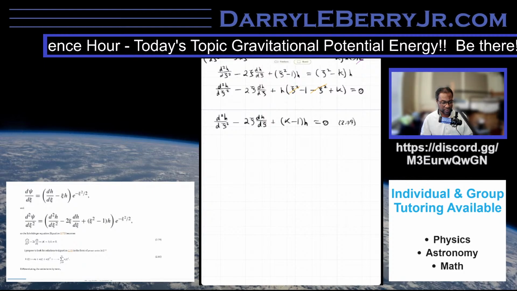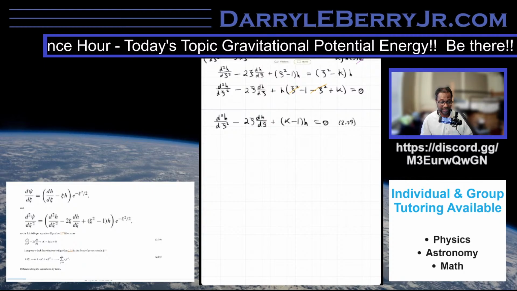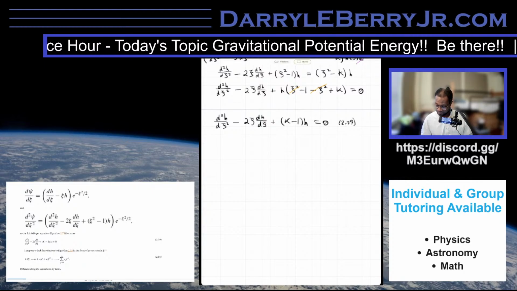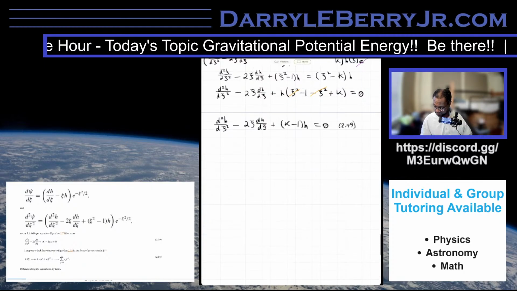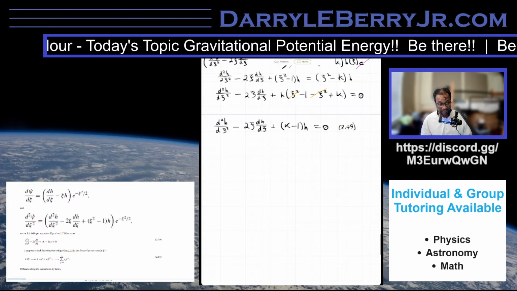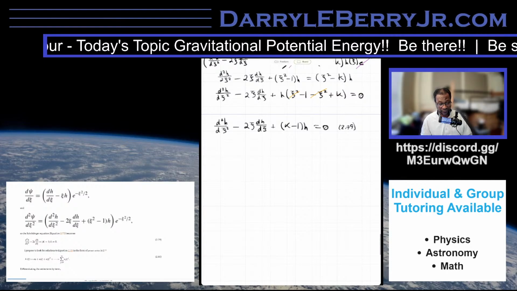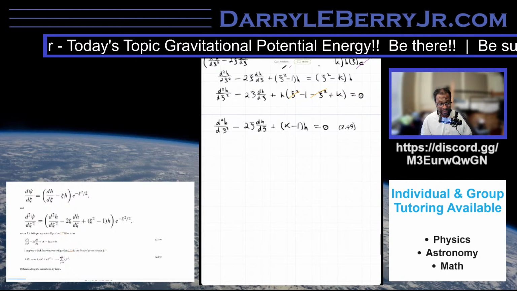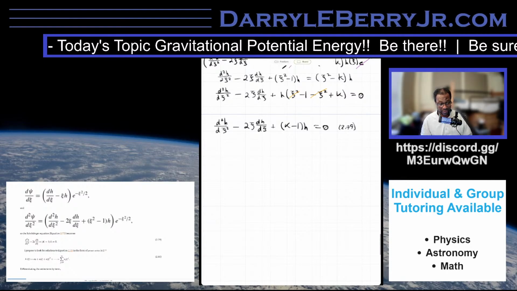I propose to look for solutions to equation 2.79 in the form of power series. So basically what we've done is we've rewritten the wave equation in this form, where now H is the unknown function.